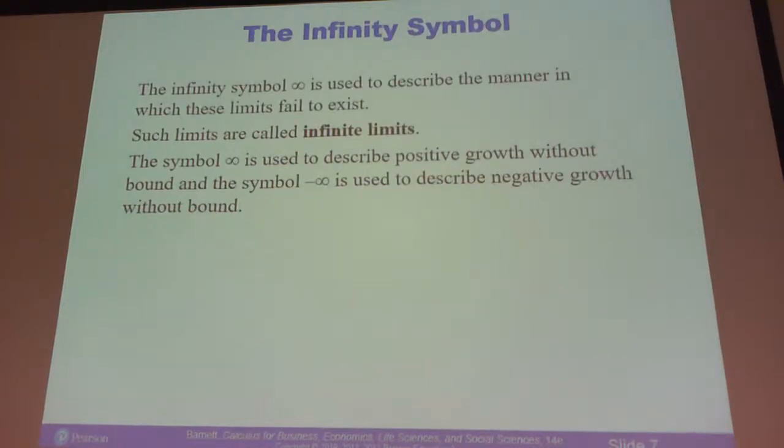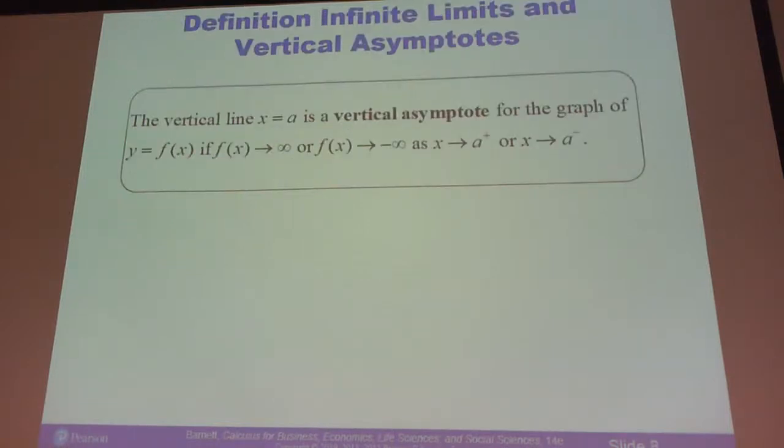Okay? The infinity symbol is used to describe the manner in which these limits fail to exist. Such limits are called infinite limits. The symbol for infinity is used to describe positive growth without bound, and the symbol negative infinity is used to describe negative growth without bound. So if we have a vertical asymptote, coming from the left and right it approaches infinity.